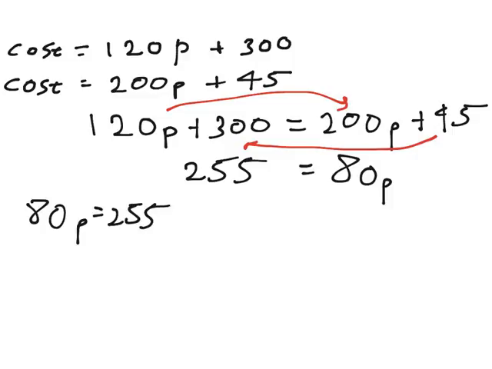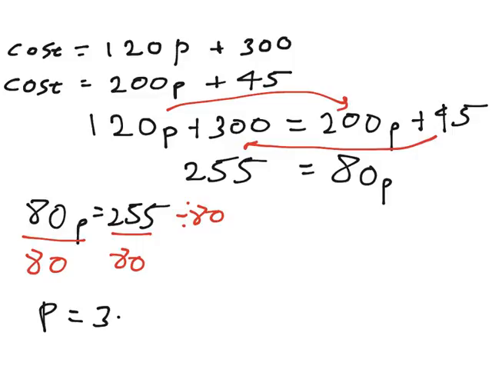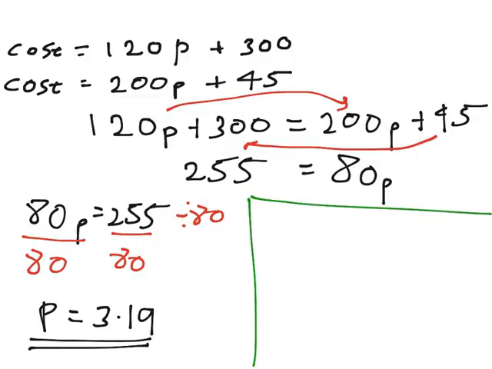If I divide everything by that 80, then I get p equals 255 over 80. Which I got to be 3.19, give or take. And then I replace that back in an equation. Well, let's take this one here.